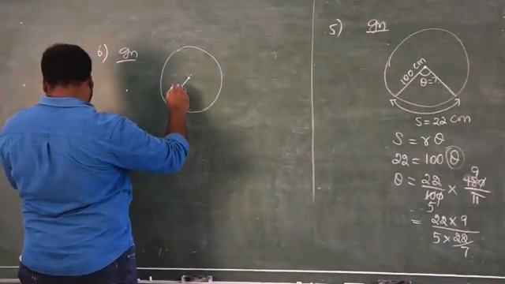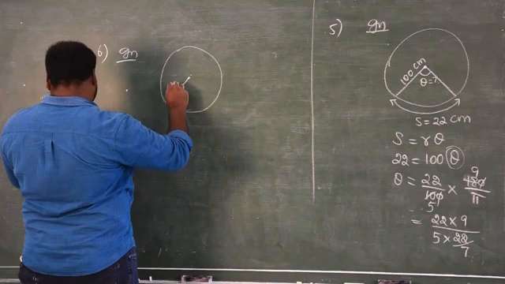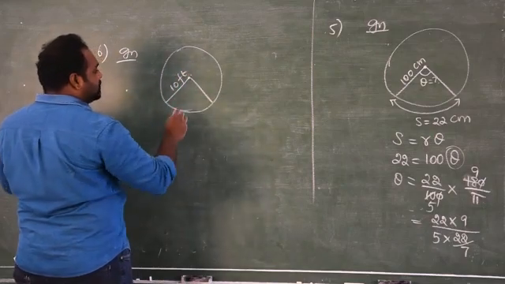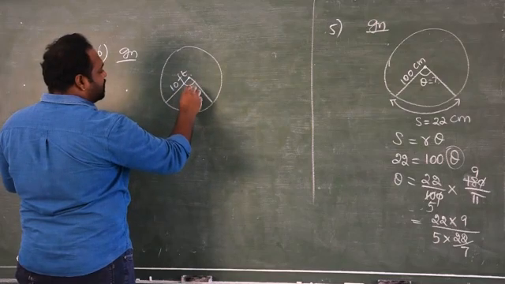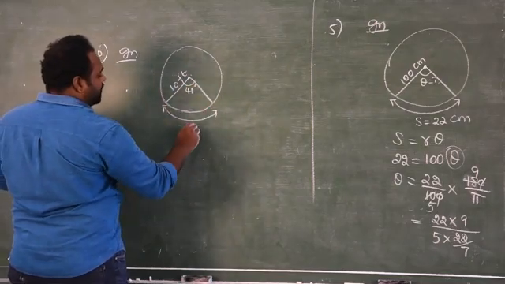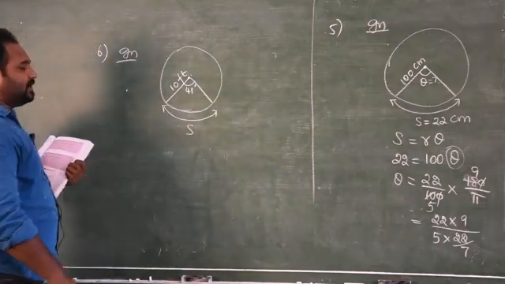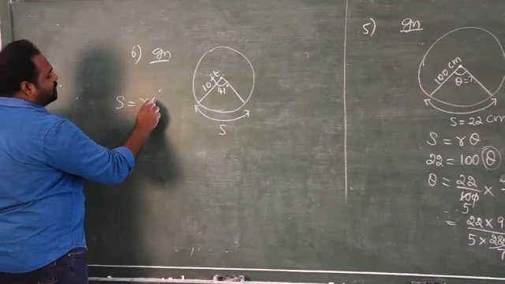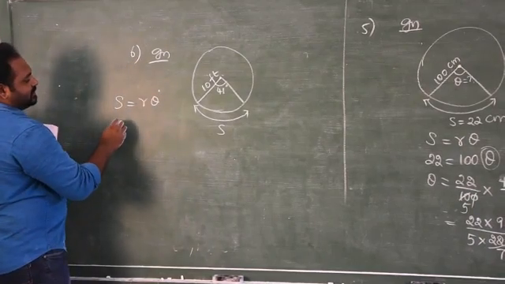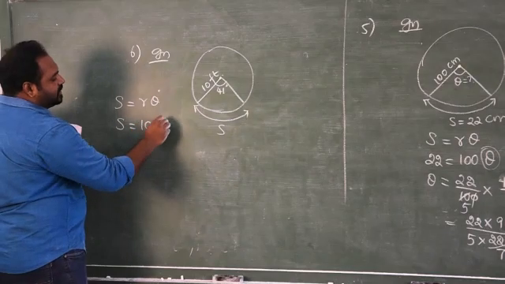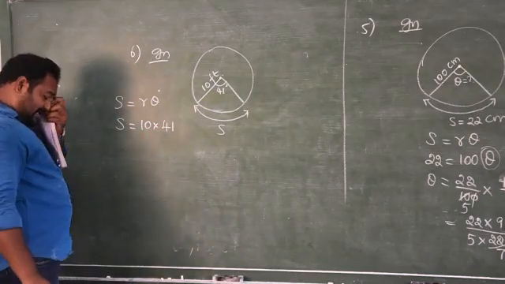The radius given is 10 feet, and this angle is 41 degree. The minor arc S they are asking to find. We know the formula S equal to R into theta. R is 10, theta is 41 degree.